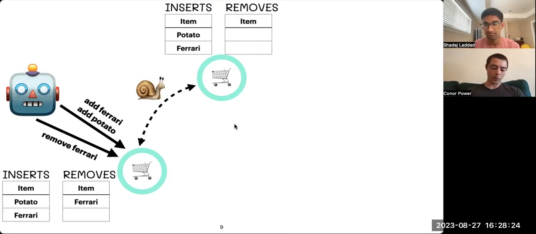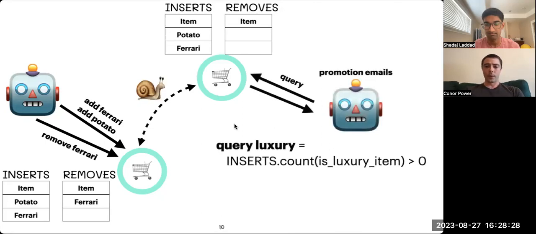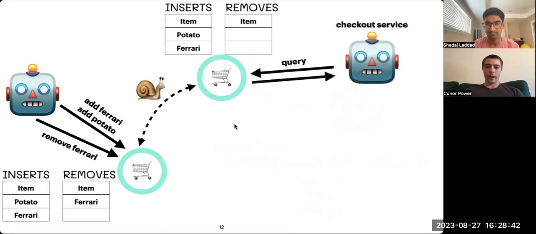And some queries we might ask in this setting are perfectly fine. For example, we want to automatically check shopping carts for luxury items and send promotional emails to users who might be likely to buy luxury items. On the other hand, some queries, like the checkout query, are going to have an issue with this delay.